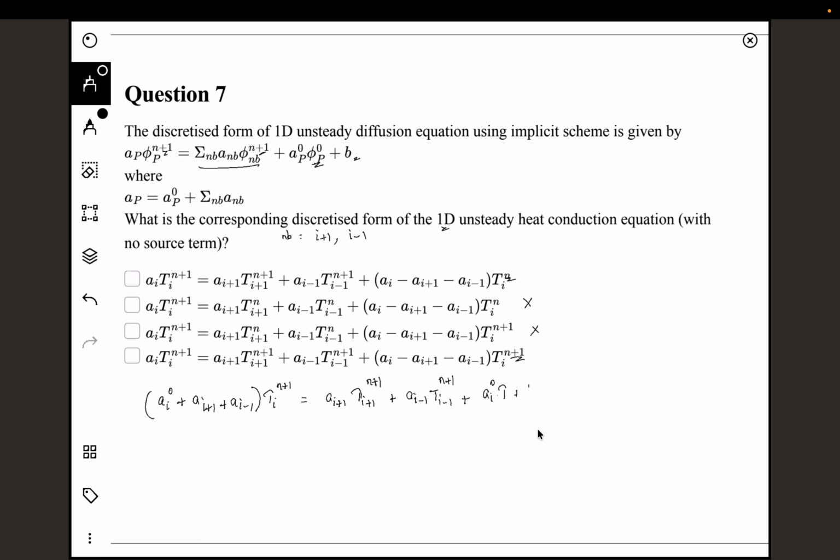TP is something plus source term. So these things will actually go off. So all we are left with is A_i T_i^{n+1} will be A_{i+1} T_{i+1}^{n+1} plus A_{i-1} T_{i-1}^{n+1}. And then I'll have these additional terms coming here.